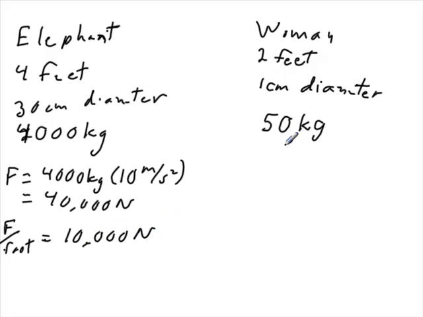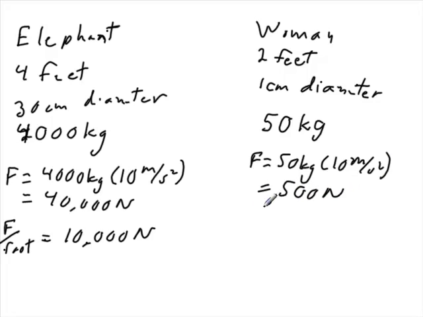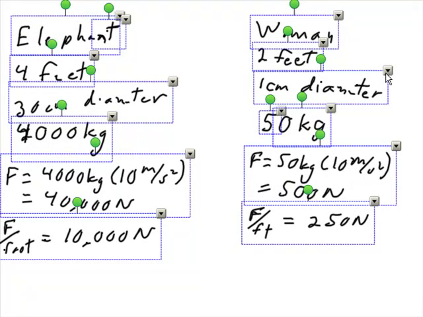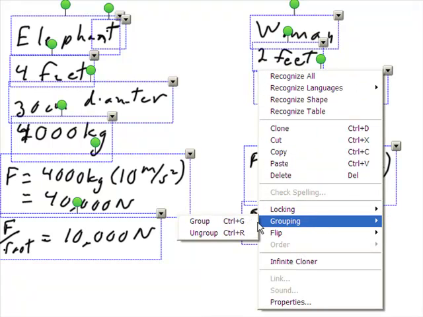By contrast, for the woman, she's got a force that's 50 kilograms times 10 meters per second squared, about 500 newtons, and each foot will have a force of only 250 newtons. Well, that's hardly surprising. Women weigh less than elephants. Of course they've got less force on their feet.